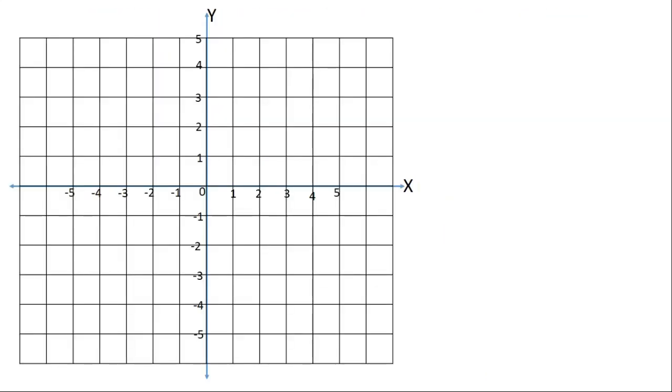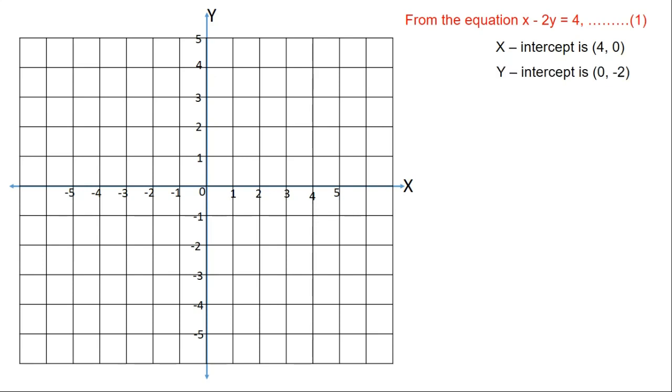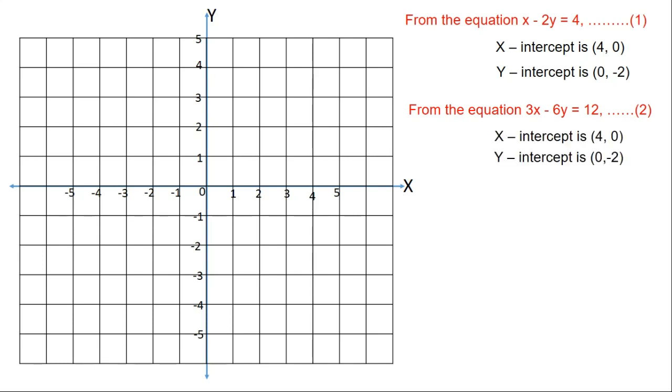Let us have this plotted on the coordinate plane. From equation 1, x minus 2y equals 4, the x-intercept is 4, 0. The y-intercept is 0, negative 2. In equation number 2, 3x minus 6y equals 12, the x-intercept is 4, 0, and the y-intercept is 0, negative 2.